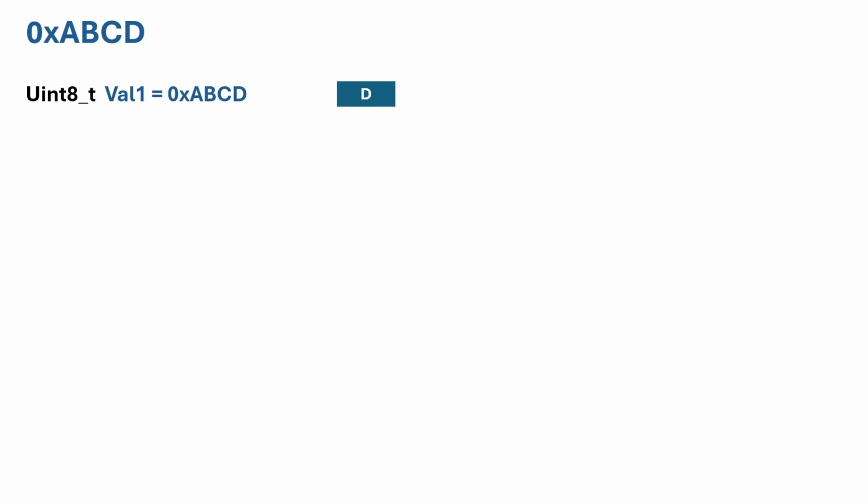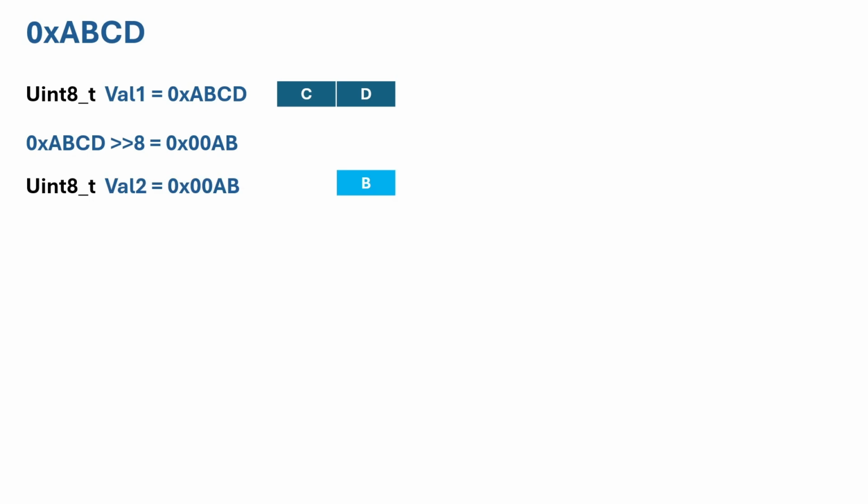Let's call that value 1. The processor is going to write starting from the least significant bit. So it's going to write D and it's going to write C. And here we have an 8-bit value stored into value 1. Then we shift by 8 bits, and our value becomes this one. We do the same thing and store that into a second value.